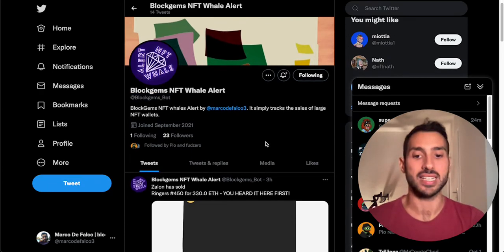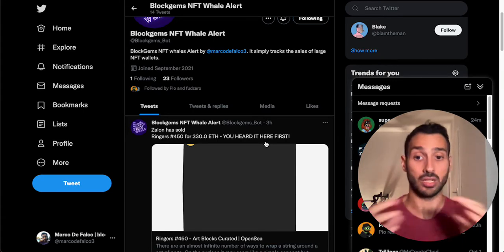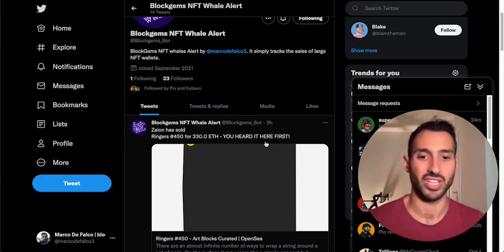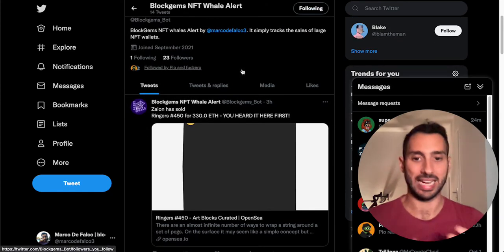And what this does is it basically tells you when some large holder, some large collector that has a collection worth hundreds, if not thousands, of Ethereum in total value, is starting to sell stuff. But it only tracks meaningful sales above 10 Ether.